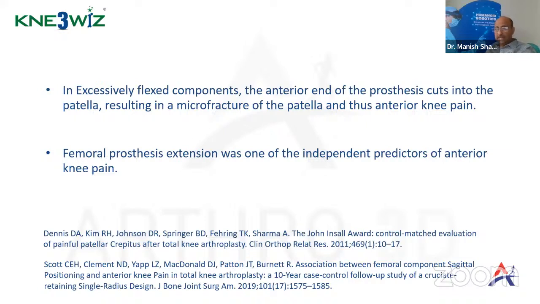Extension is equally bad. In extended components, the anterior end of the prosthesis cuts into the patella, resulting in microfracture of the patella and anterior knee pain. Femoral prosthesis extension was one of the independent predictors of anterior knee pain because it increases the anterior offset.